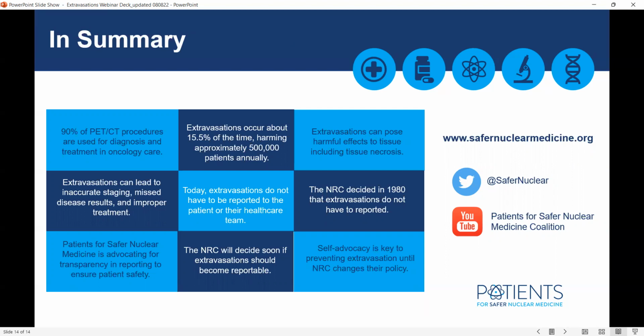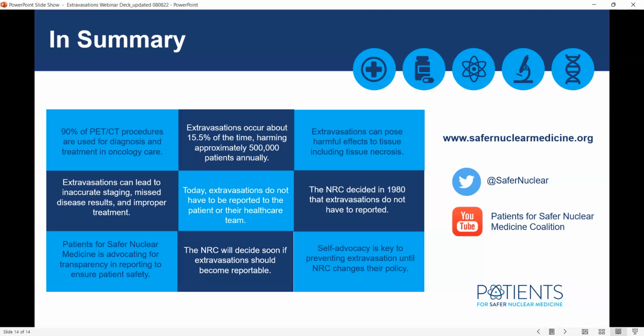These are large extravasations. Large extravasations can pose harmful effects to tissue, including tissue necrosis. Large extravasations can lead to inaccurate staging, missed disease results, and improper treatment.